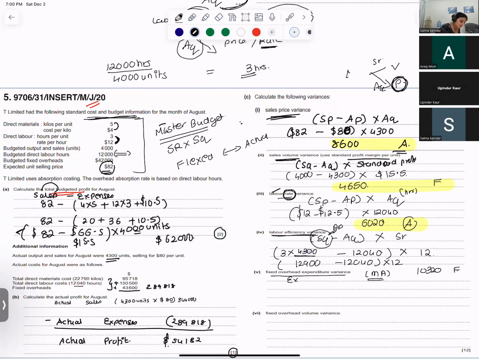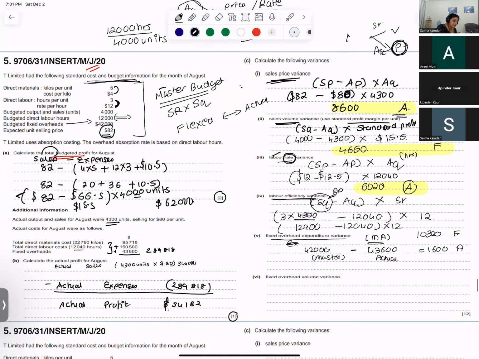Fixed overhead as per master budget minus fixed overhead as per actuals: 42,000 minus 43,600, which gives 1,600 adverse.